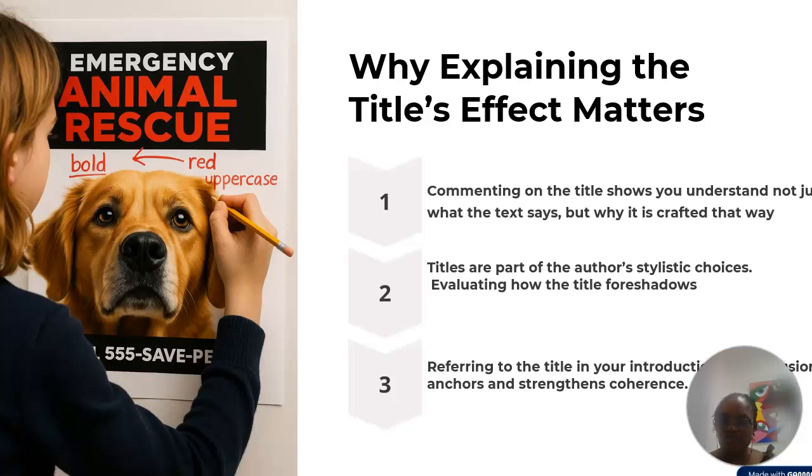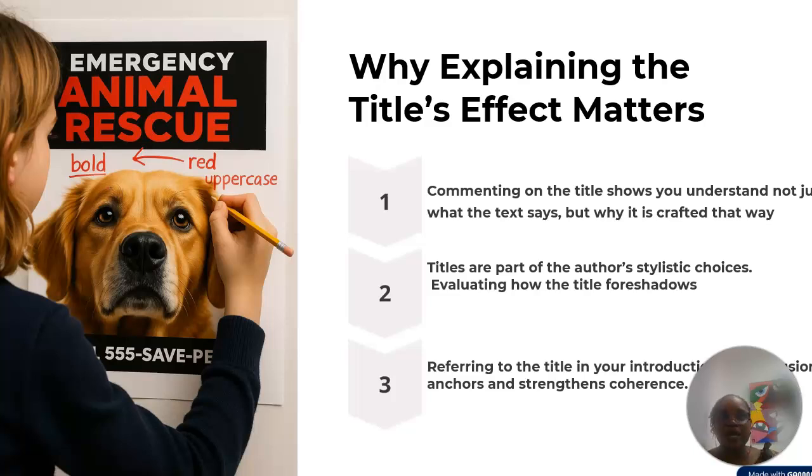If you do that, you'll be able to address criterion A, B, and C. For example, if you talk about the title and what it means, commenting on this title shows that you understand what the text is and why it has been crafted that way. And then when you zoom in on the choices, be it the visual choices or the language choices, you'll be addressing criterion B, you'll be analyzing.